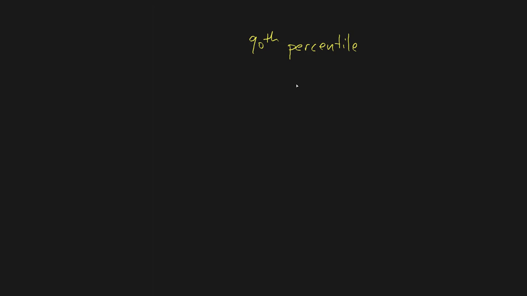Now, that doesn't mean that you got 90% on your exam. You could possibly have failed your exam, but still be in the 90th percentile. This is going to get a little bit confusing in terms of the terms that are used.